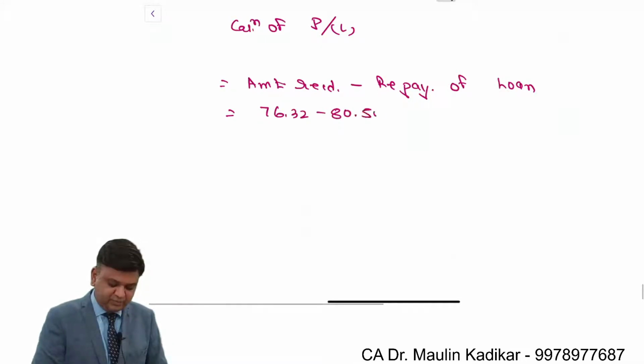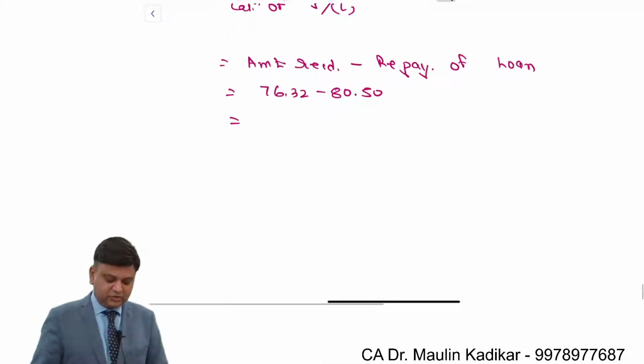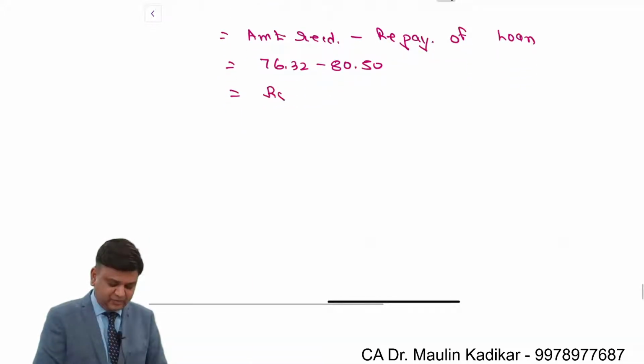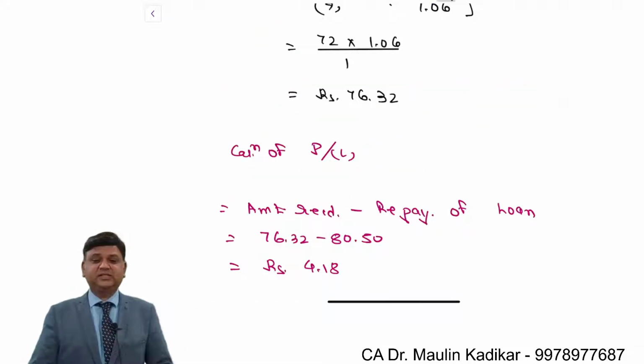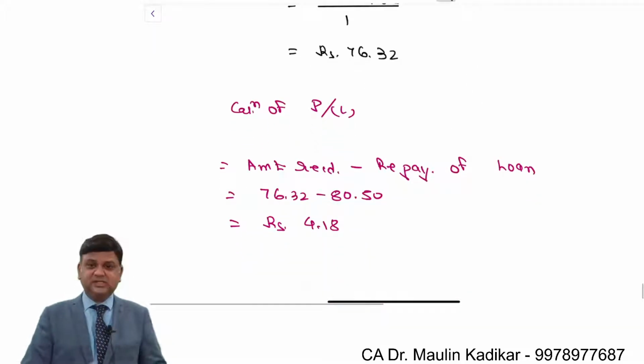And the repayment of loan is 80.5. So difference is rupees 4.18. So if the forward exchange rate is 72, then by entering into these transactions, you are not able to make a profit. You are not able to get the arbitrage. This is what we understand.